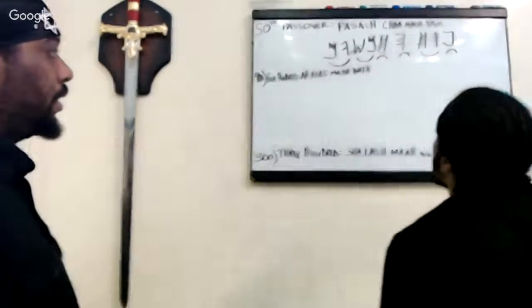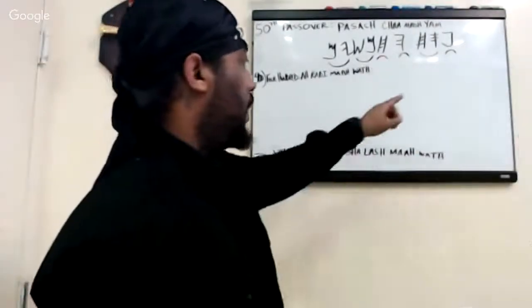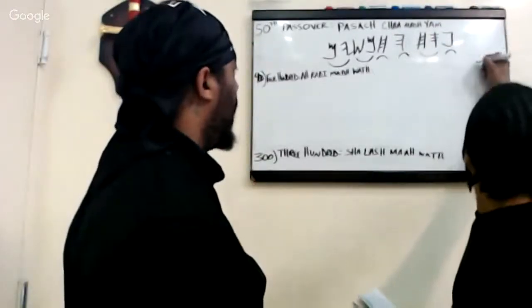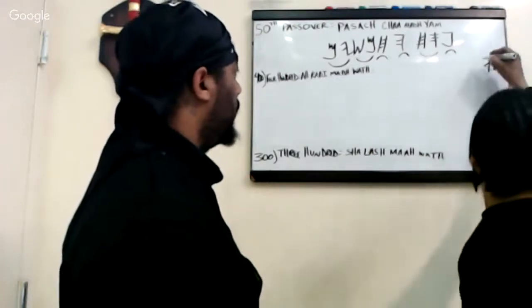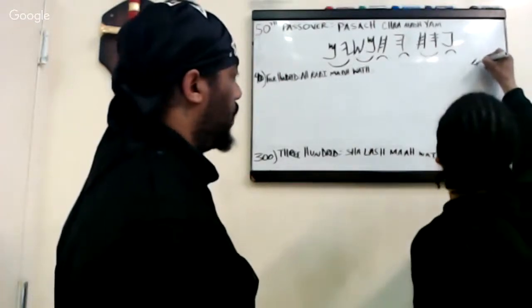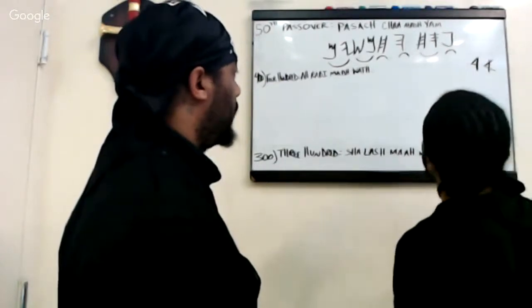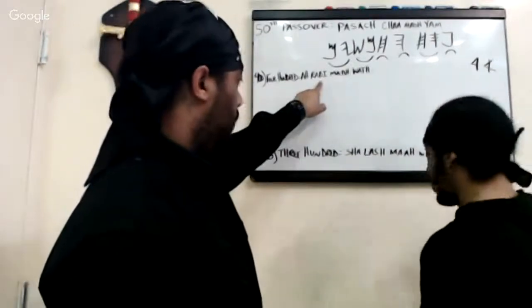Okay. Now write down ancient Hebrew. Ra, ba. Get your sheet.